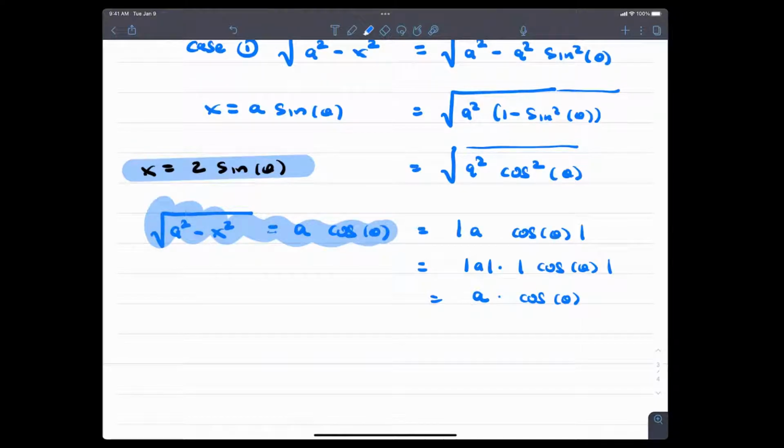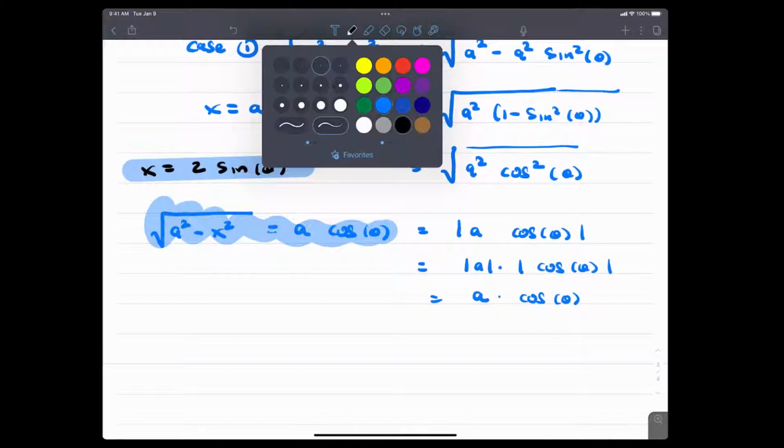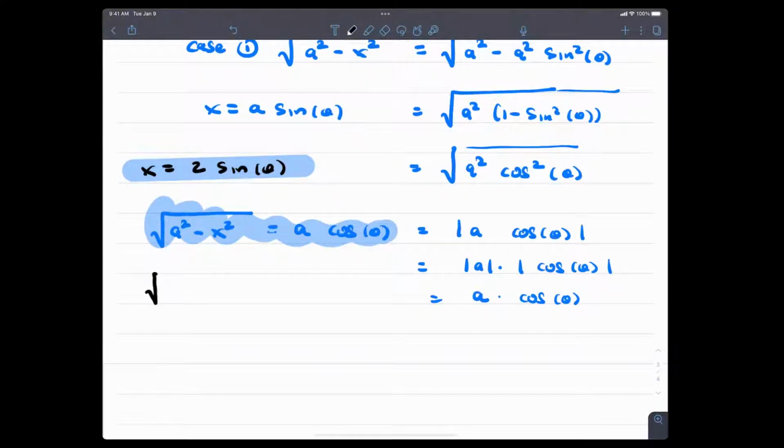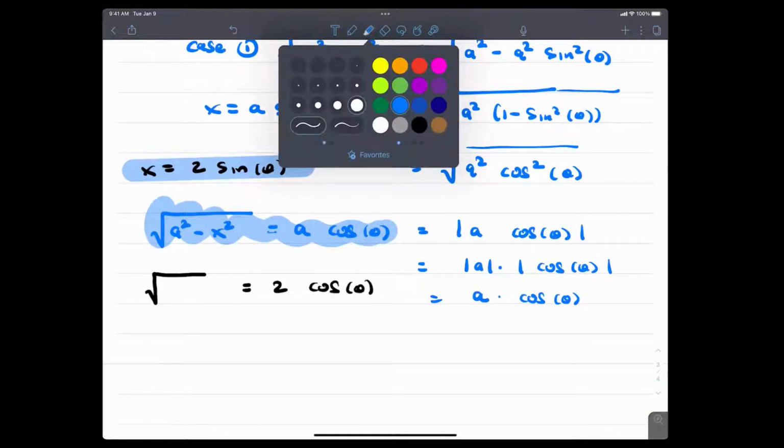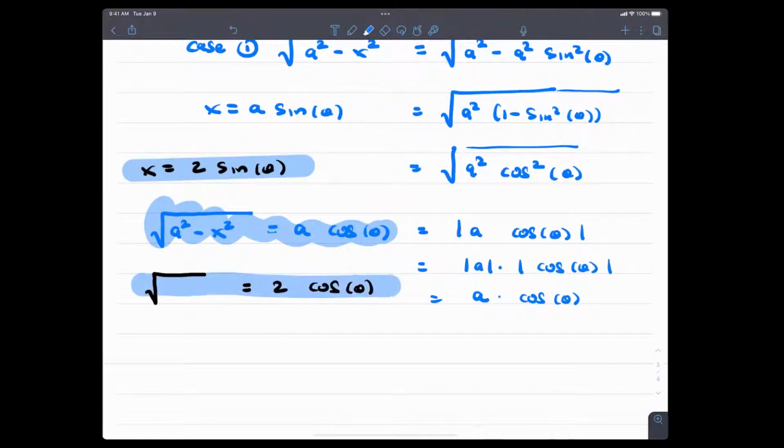What does that mean for us? Well, the radical is really just going to be 2 cosine theta. So you're going to substitute the radical with this expression as well. This is what some books do.